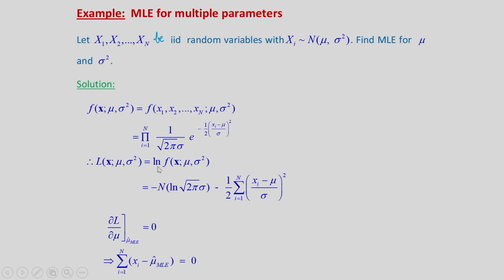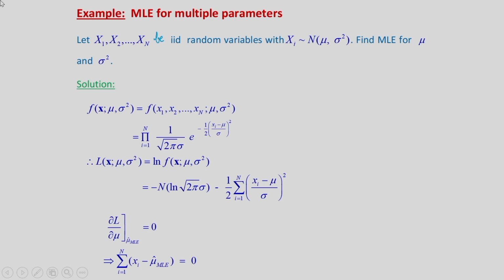So, the log likelihood function will be given by minus n log of root over 2 pi sigma minus half of summation, i going from 1 to n, of xi minus mu divided by sigma, whole square. Now, we will take the partial derivative of this expression with respect to mu and sigma square. If I take the partial derivative with respect to mu at mu hat MLE, because the 2 and 2 will get cancelled, summation xi minus mu hat MLE, i going from 1 to n, must be equal to 0.